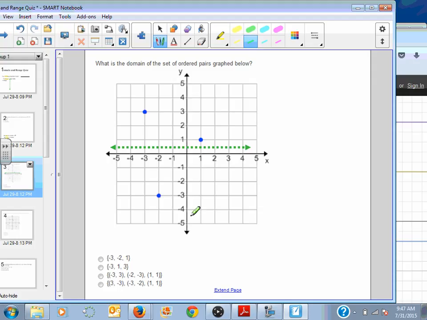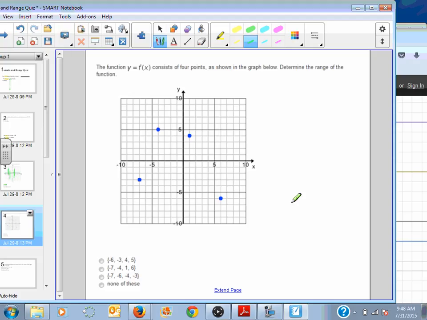Our first one, we see one right here. We've got a -3, a -2, and a 1. So as far as the domain goes, right there.